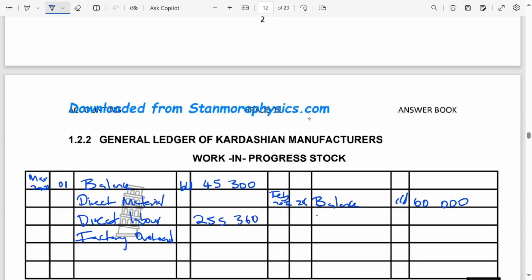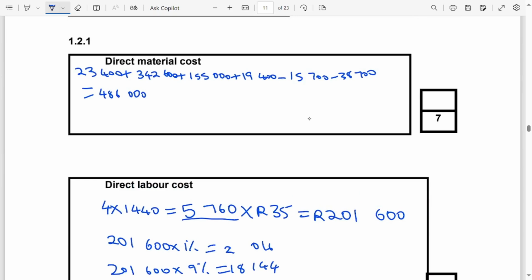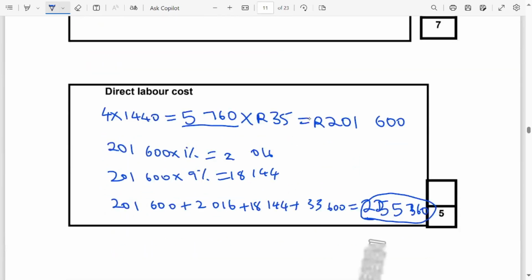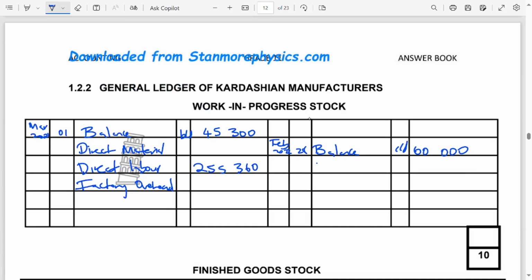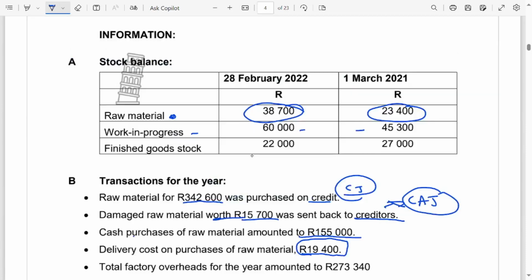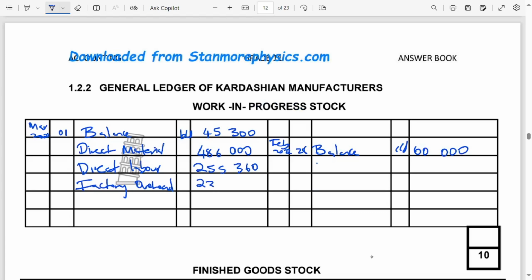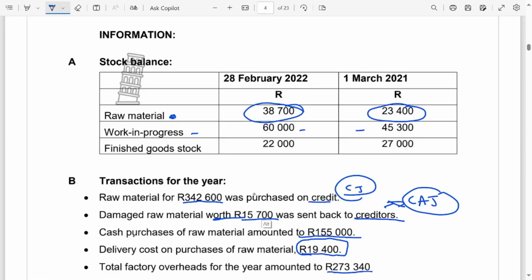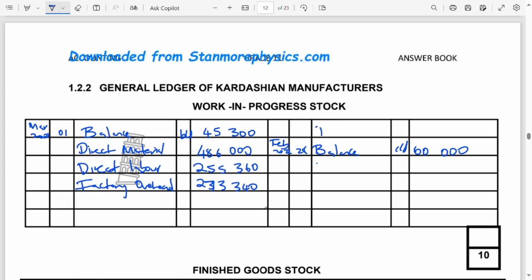And then we also did the direct material, which is 486,000. And then the factory overheads is given. Total factory overheads for the year is 273,340. The only missing figure here is the finished goods.